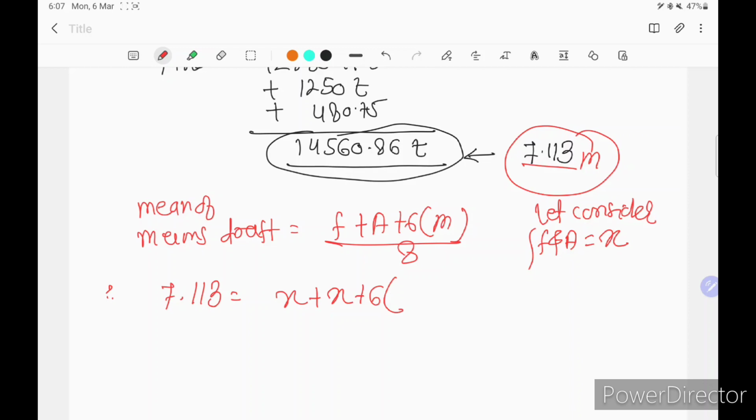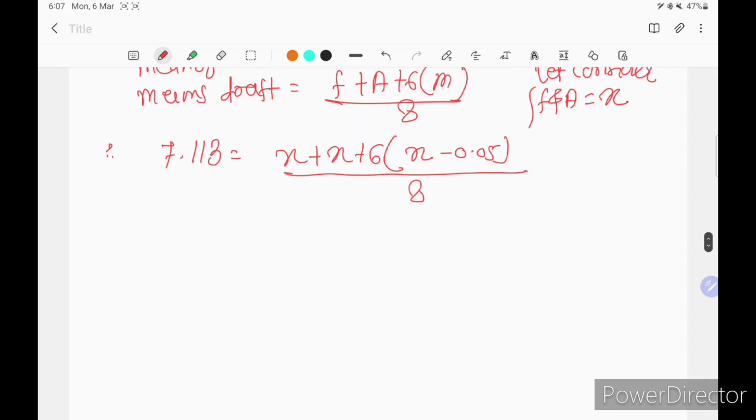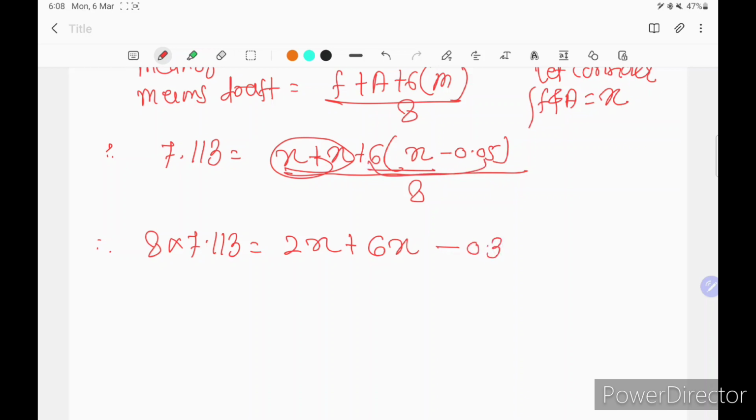Our vessel is in hog, and hog means we have less draft in mid, so x minus 0.05, divided by 8. Now we multiply 8 into 7.113, and on the other side 2x plus 6x, and 6 multiplied by 0.05 gives 0.3. Therefore 56.904 is equal to 8x minus 0.3.